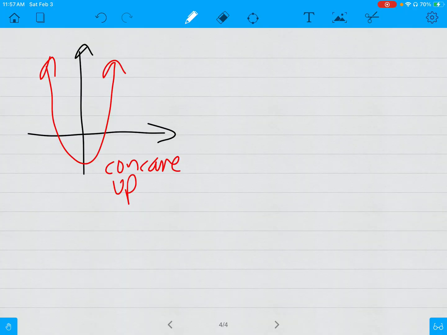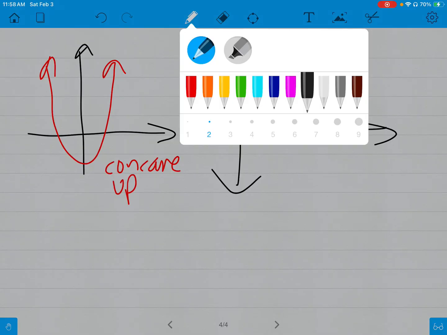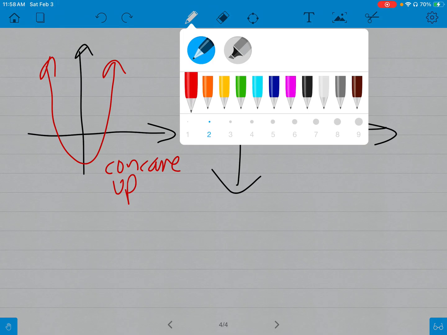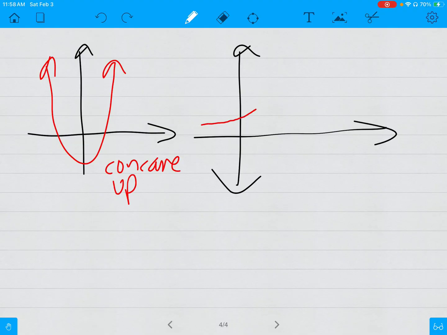On the other hand, if I think about a graph that looks like this, where we start down at the lower left-hand side, curve up, and then off to the right-hand side. Kind of makes a very flattened out S shape. So if I'm looking at this graph, the left-hand side of the flat S shape here, that is concave up.